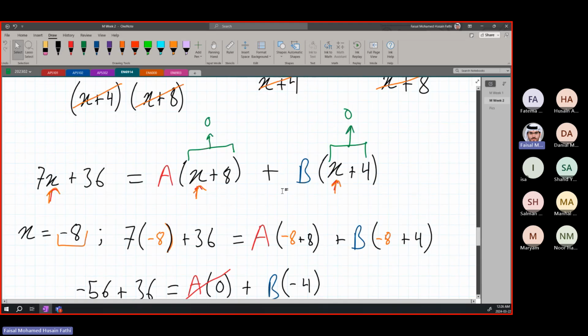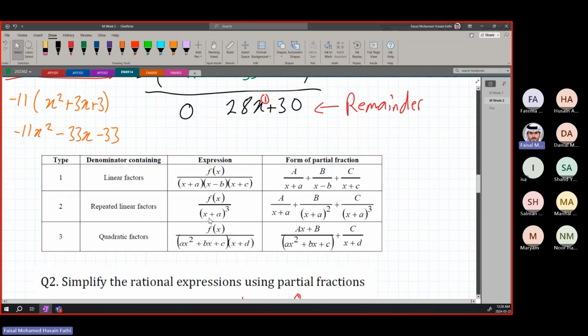If you notice here in the rule, in the case of having a repeated linear, x plus a, for example, cubed, you're going to put a over x plus a, then b over x plus a squared, then c over x plus a cubed. If this was to the power 4, you will add one more, plus d over x plus a to the power 4, etc. You will repeat it as many times as the power is there.